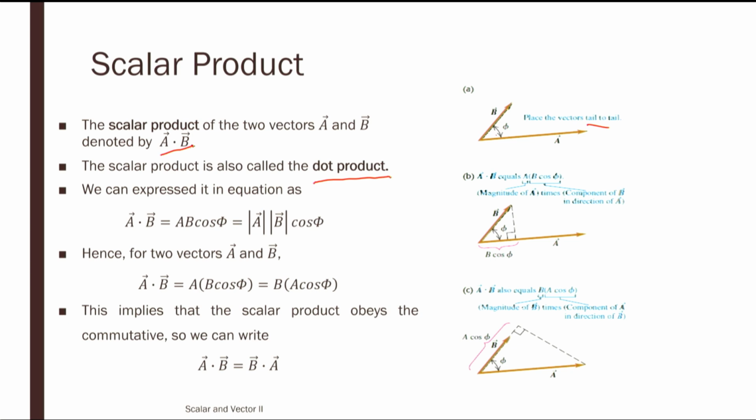So we can obtain their components along the B axis and A axis. You remember how we have used SOHCAHTOA, our trigonometric identity.